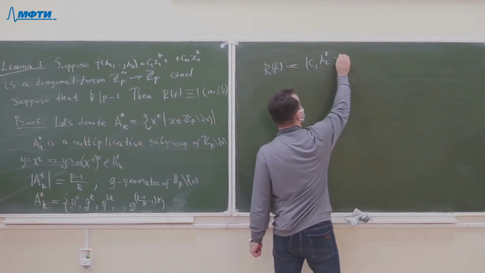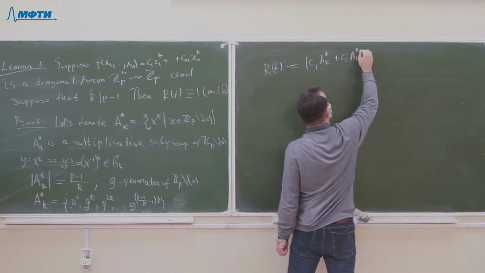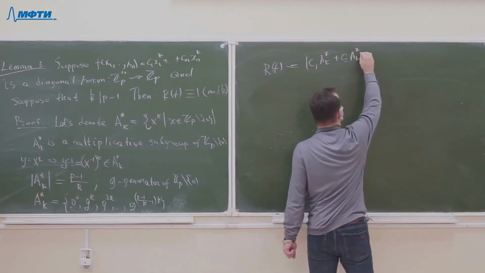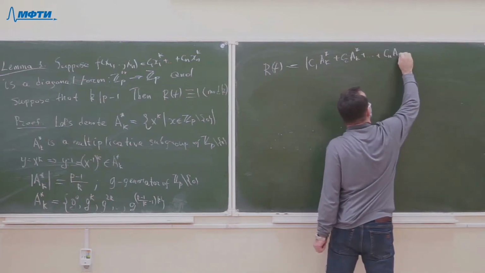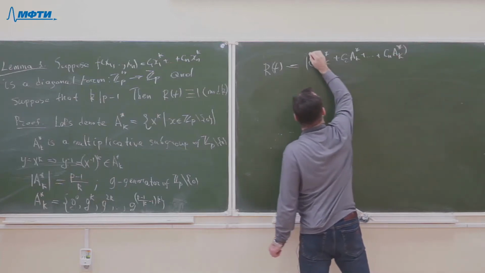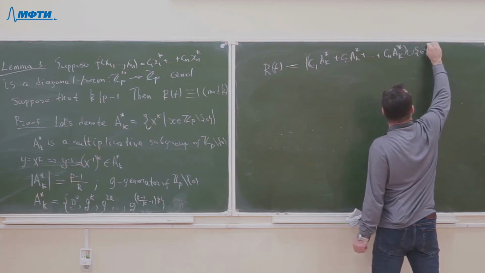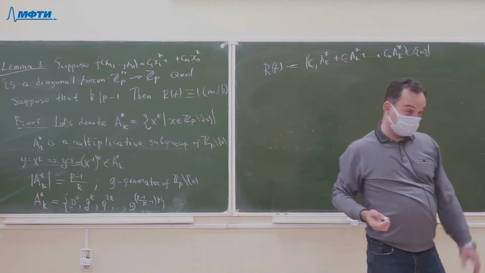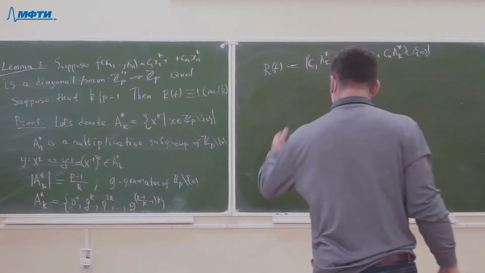Plus C2 AK star plus and so on and so forth, CN AK star, union 0. We removed 0 outside from this set, so just the image.